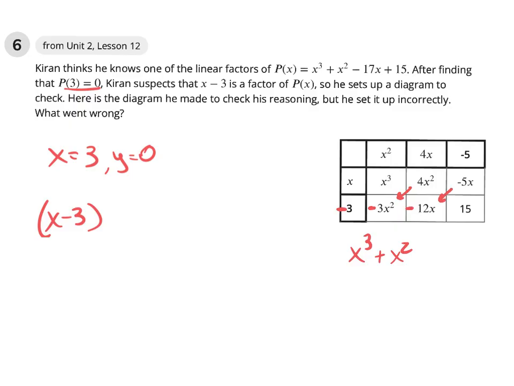When we add on a diagonal, that gives us -17x. Then -5 times x is -5x. -5 times -3 is +15. So Quran forgot the sign. Signs are very important. There's a big difference between 3 and -3. Please keep that in mind.